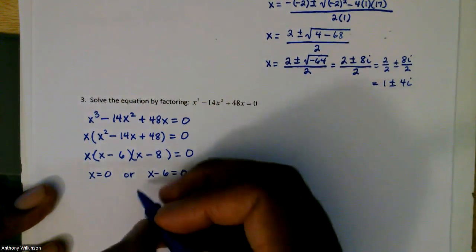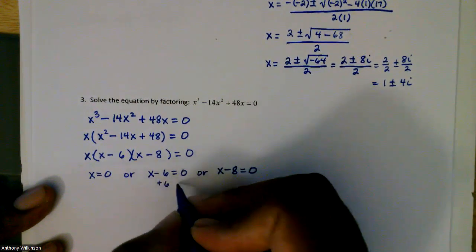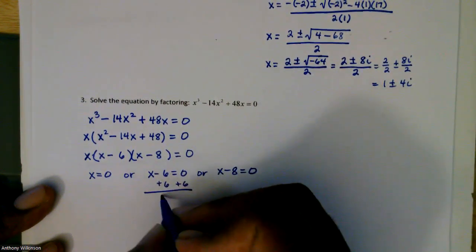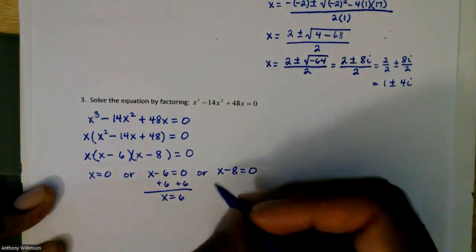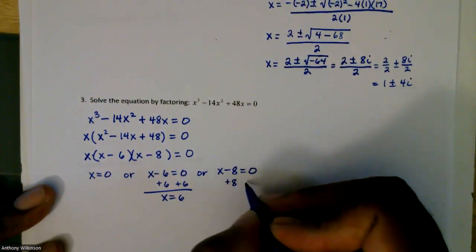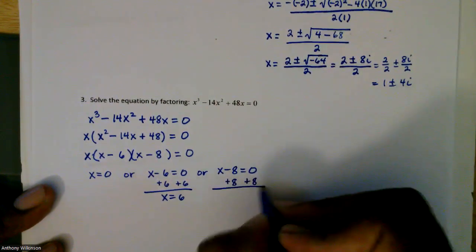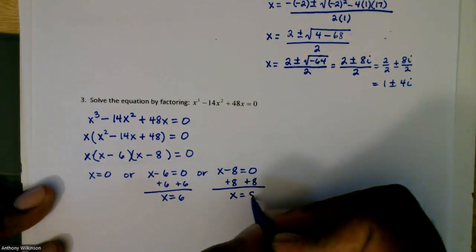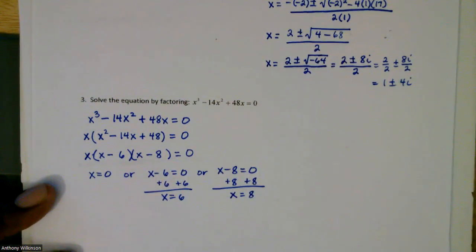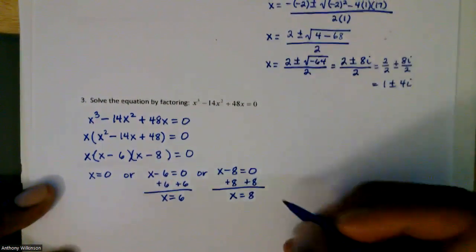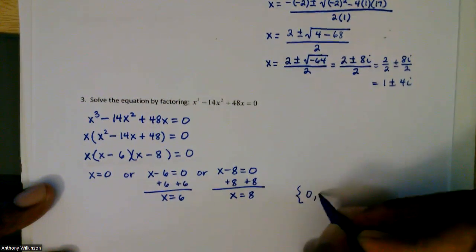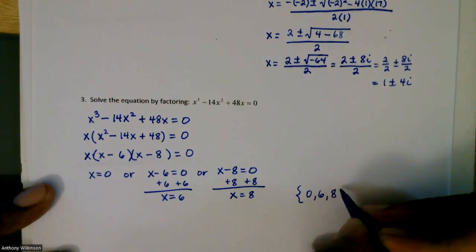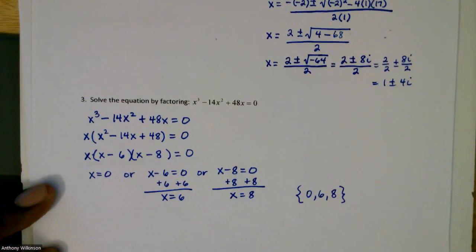Now for x minus 6 equal to 0, if I add 6 to both sides, I will get x is equal to 6. And then for x minus 8 equal to 0, if I add 8, that would mean x is equal to 8. So my three solutions for this polynomial equation will be x equals 0, x equals 6, and x equals 8.